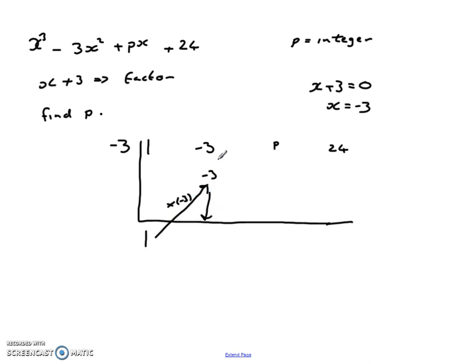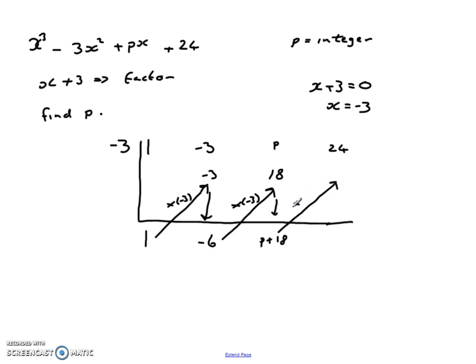Add it up as we go down. Negative 3 plus negative 3 is negative 6. Take it back into the table, and we times it by negative 3. Negative 6 times negative 3 gives me 18. Go down and I add them up, but remember this is where we bring in the unknown value. So here I'd end up with p plus 18.